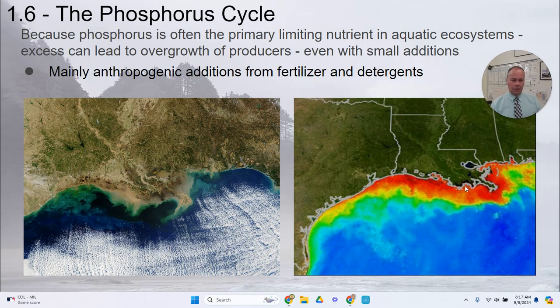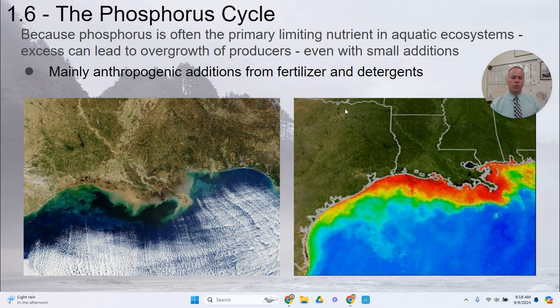If you see the outlines of the states, you recognize that this is the Gulf of Mexico, and the Mississippi River empties into the Gulf of Mexico. The Mississippi River runs from north to south through the Midwest of the U.S., an area in which agriculture is an important industry. Industrial agriculture uses large amounts of fertilizer, which contain phosphorus as well as nitrogen and other materials.